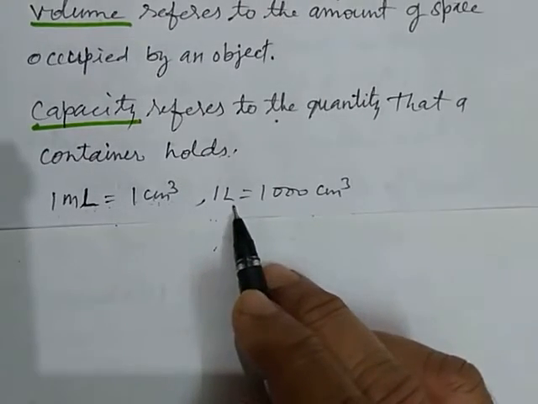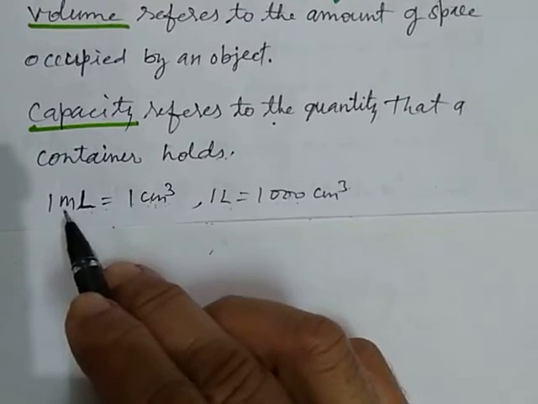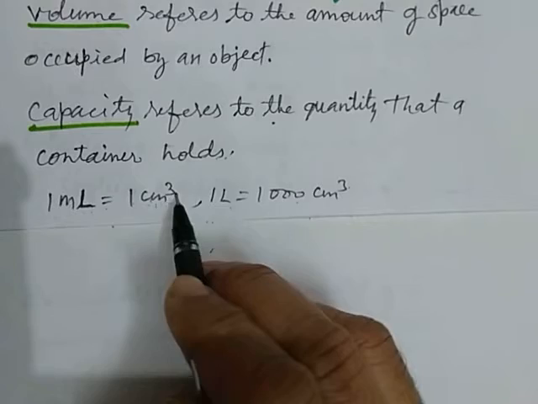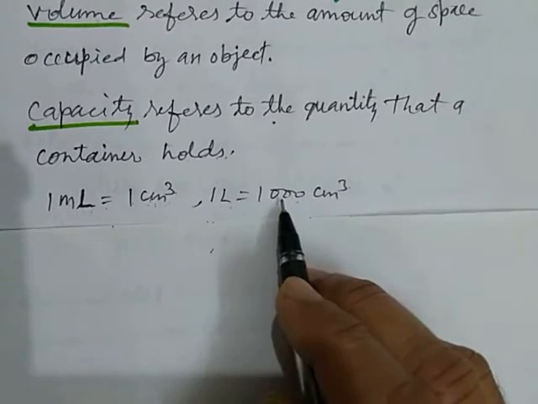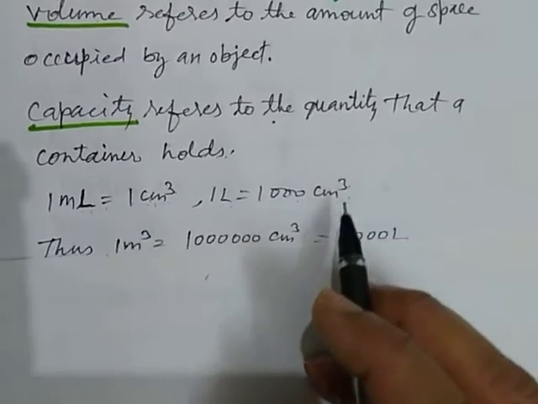1 liter is 1000 centimeter cube, because 1 ml is 1 centimeter cube and 1 liter is 1000 ml, so this is 1000 centimeter cube.